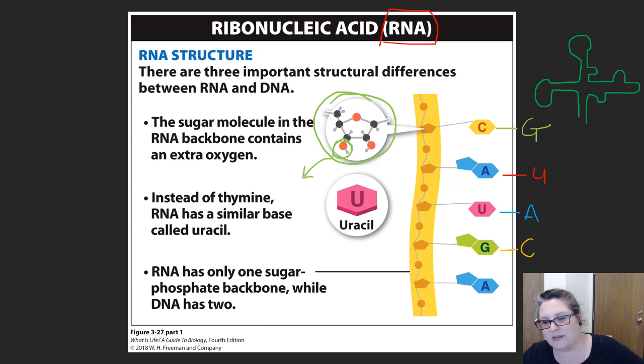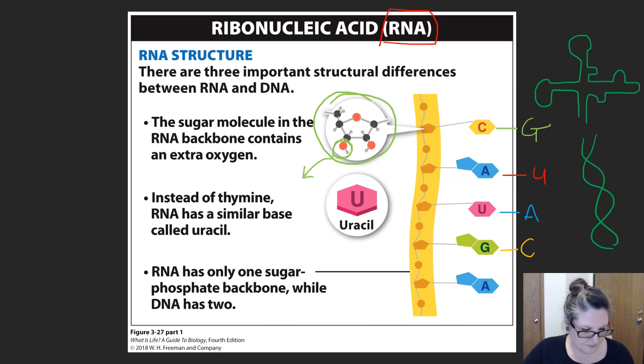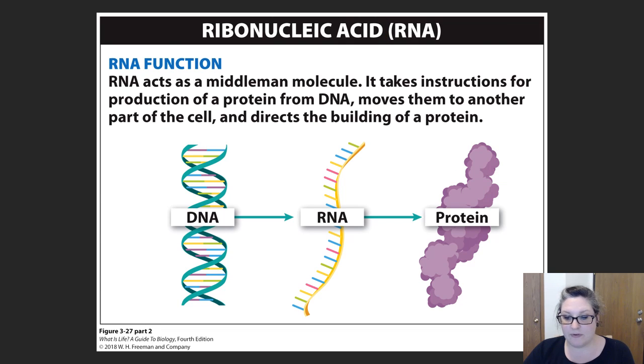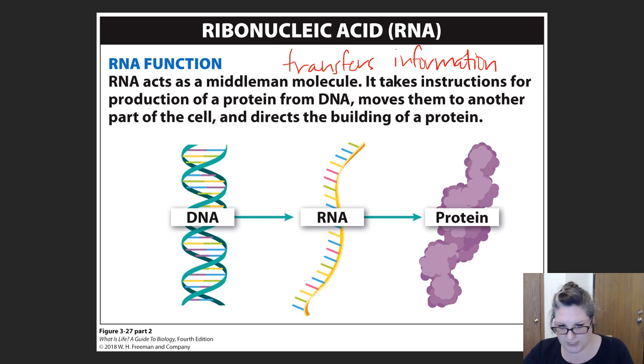But it doesn't have a double helix like DNA does. Instead of RNA being information storage like DNA, it's more like it transfers information. It's the middleman between DNA and protein.